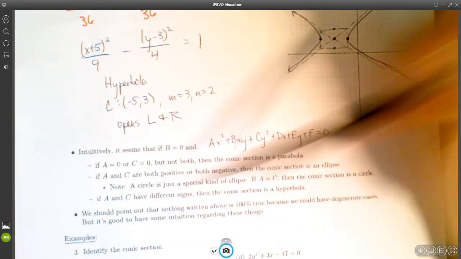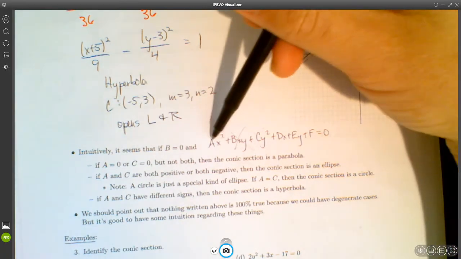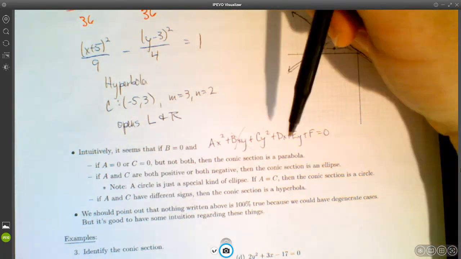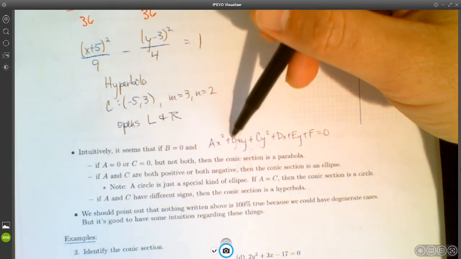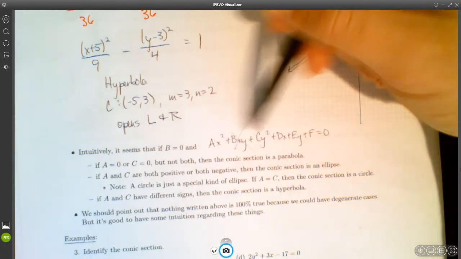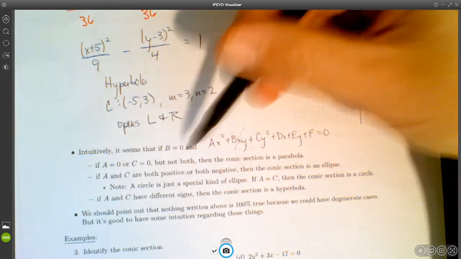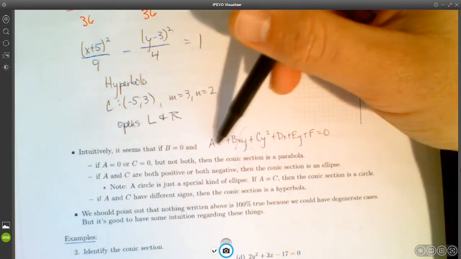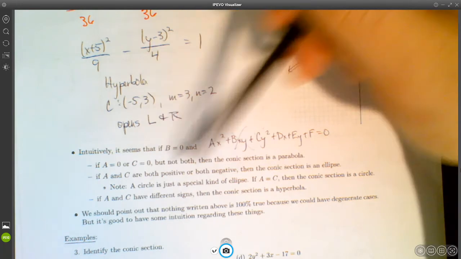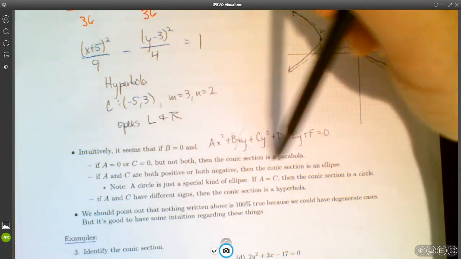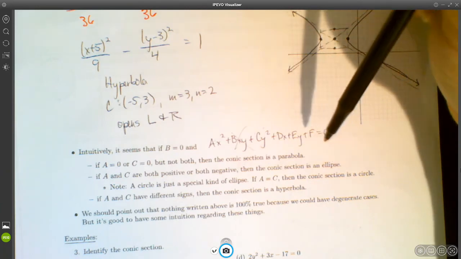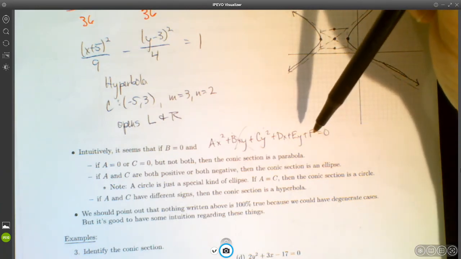Now, if A and C are both positive or both negative, so if A and C have the same sign, then since you're going to be adding these things, or you could factor out the negative and then you would still be adding, ax squared plus cy squared, in either case that means that you've got an ellipse, right?